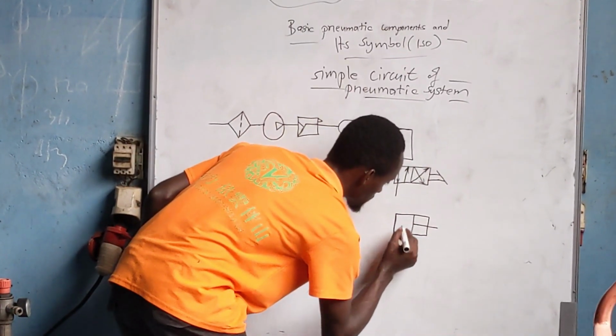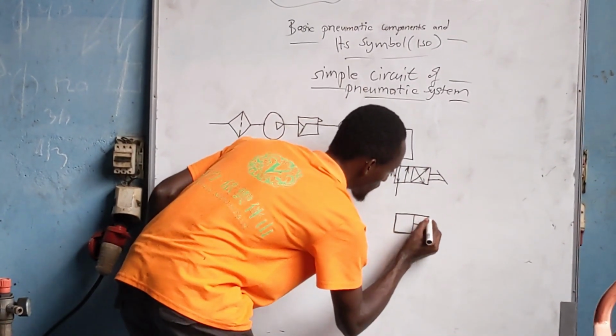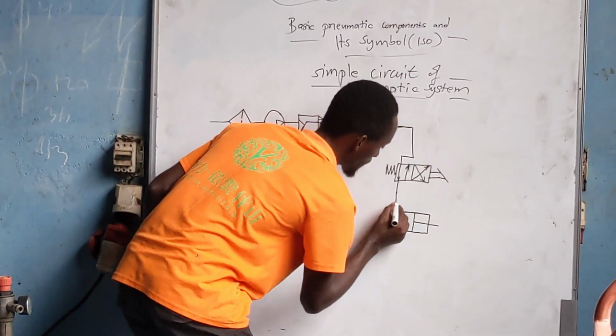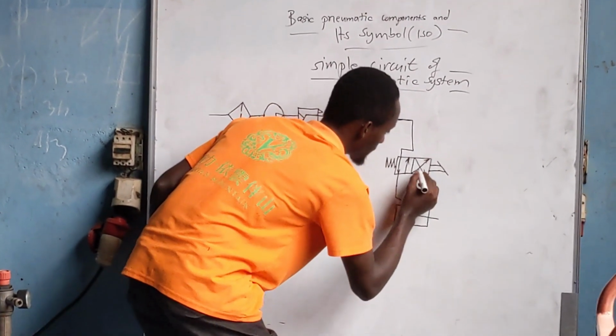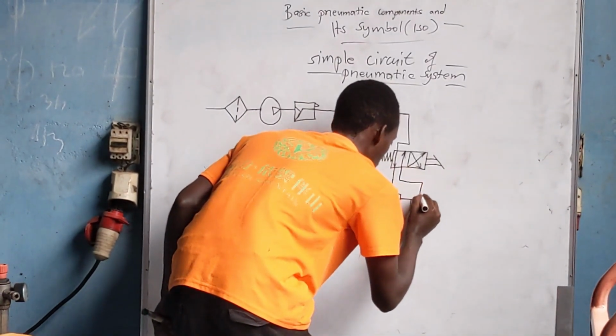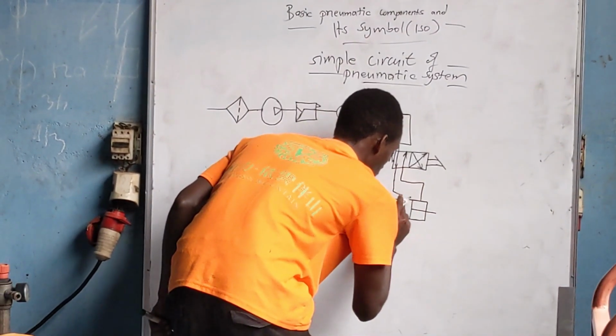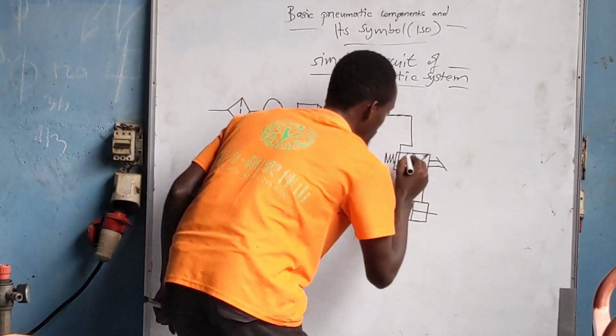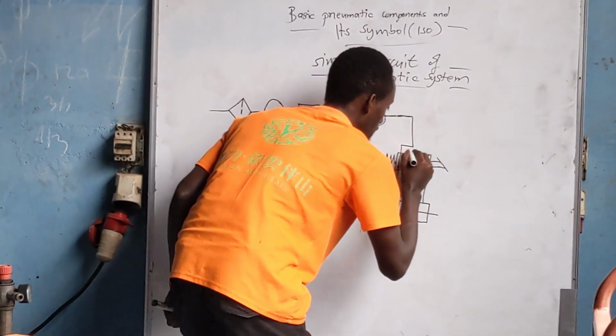The line must be straight. This line represents the pipeline.